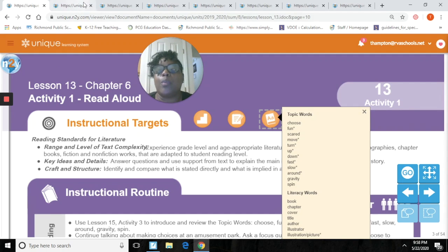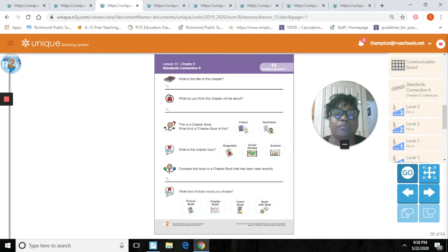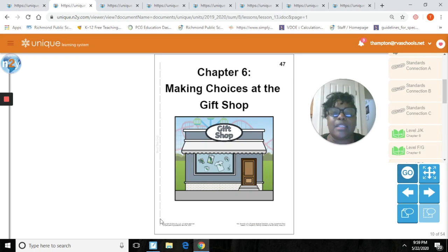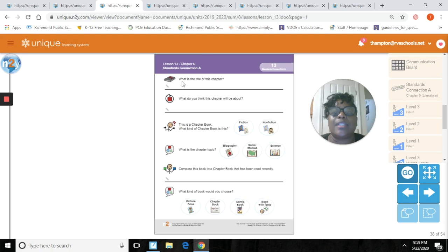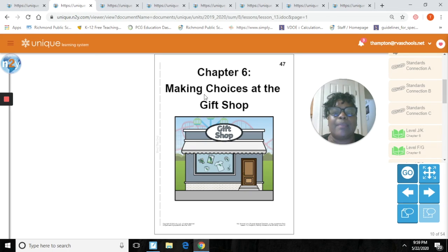All right, so what we want to do before we start reading our story, we want to do an activity. And let's just take a look at our book cover here, okay? We know the title of our story is called Making Choices at the Gift Shop, all right? So it says, what is the title of this chapter? So what is the title of this chapter?